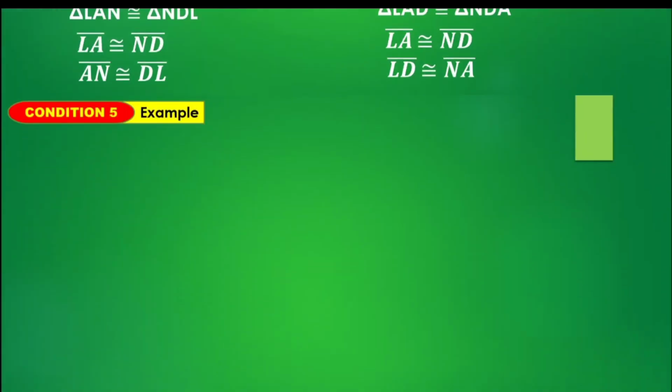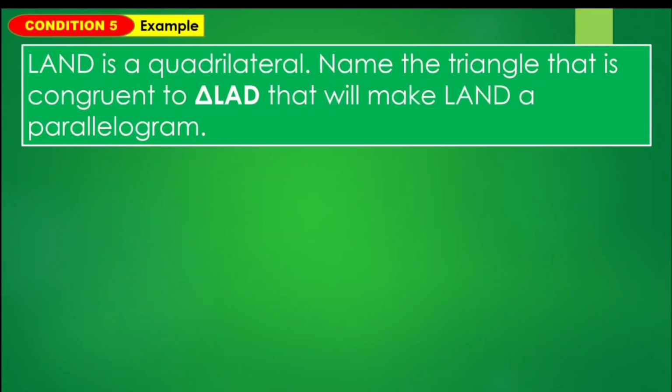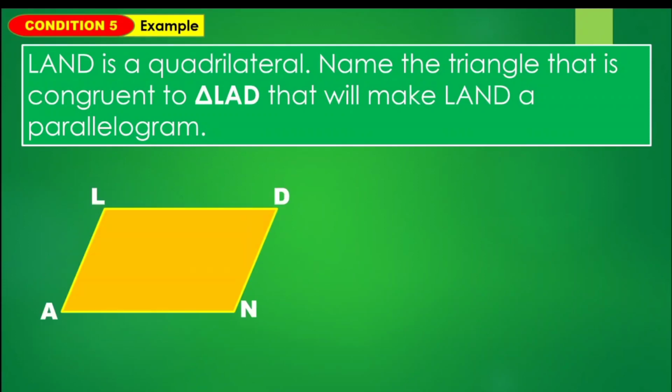Let's take for example, LAN is a quadrilateral. Name the triangle that is congruent to triangle LAD. That will make LAN a parallelogram. So that is the triangle that we are going to identify.